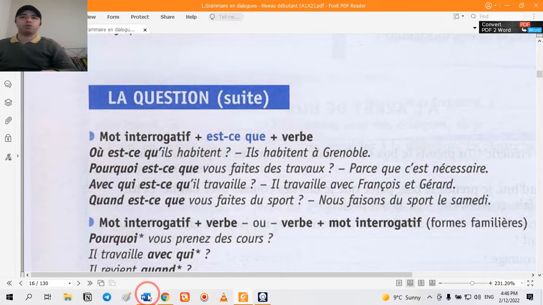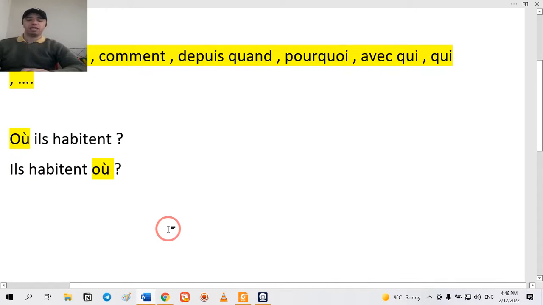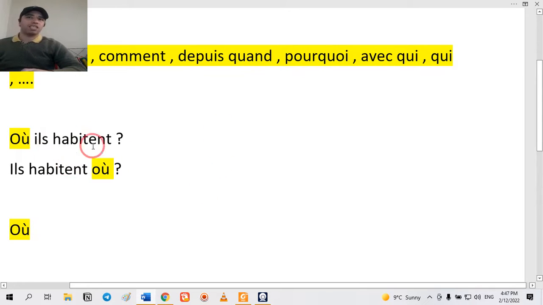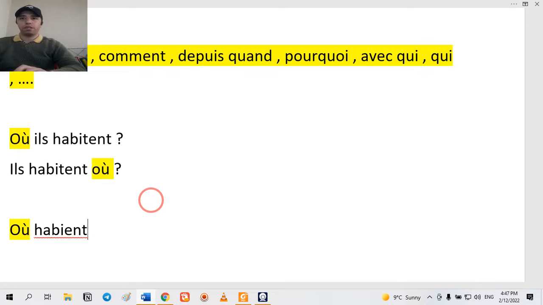And suppose you are going to make this question with inversion. You must put the question word at the beginning of the sentence, then change the place of the verb and subject pronoun.